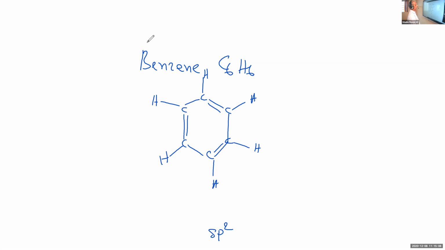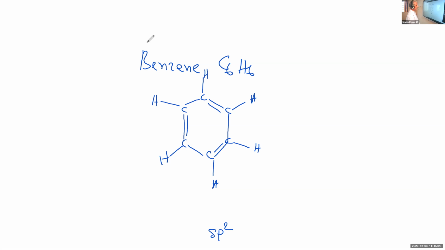All are having the trigonal planar structure, so this molecule is planar. Benzene is a planar molecule. It is a conjugated system, alternate single bond and double bond.